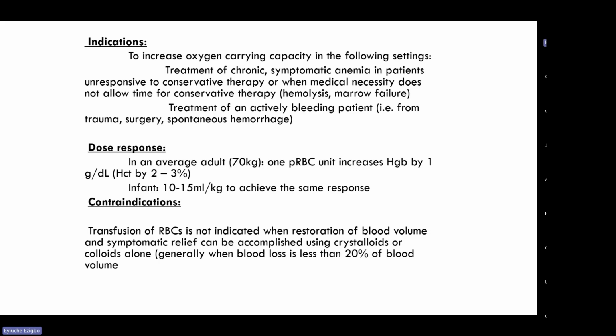In infants, 10 to 15 ml per kg is given to achieve the same response, because in adults, the 450 ml that is transfused can increase hemoglobin by 1 gram per dl and hematocrit by 2 to 3%. But in infants, the volume given is 10 to 15 ml, and that can also achieve the same 1 gram per dl of hemoglobin and 2 to 3% of hematocrit.